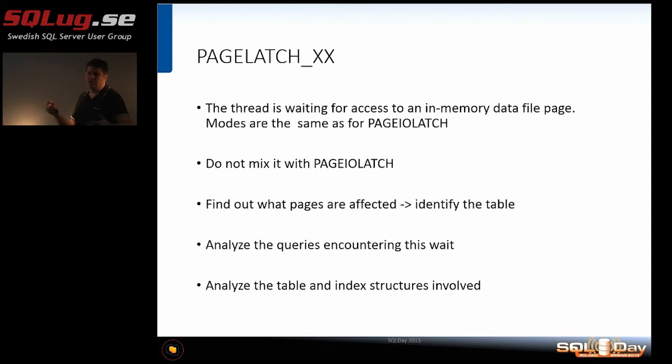Page I/O latch is for the data pages loading from disk. So now you see how it correlates. Okay. If you find excessive page latching, you can find what pages are affected and try to identify the table. It's pretty simple. Then you can analyze the queries that are connected to this latch.